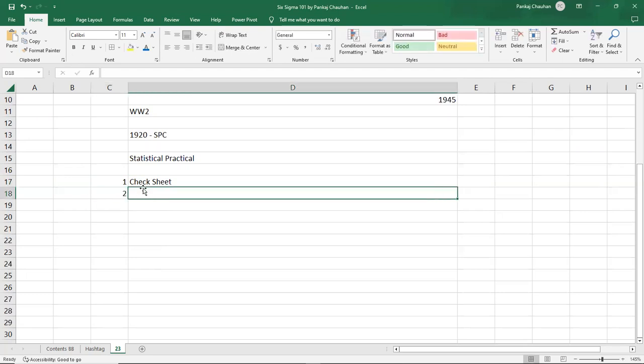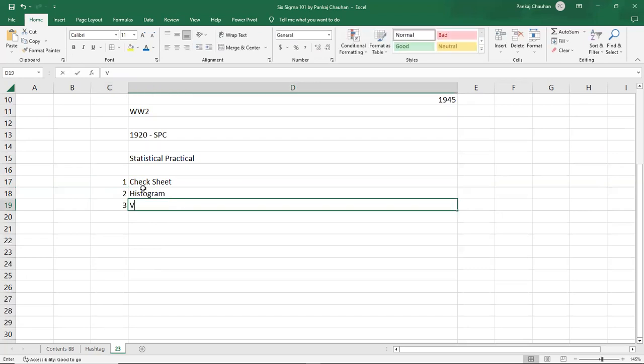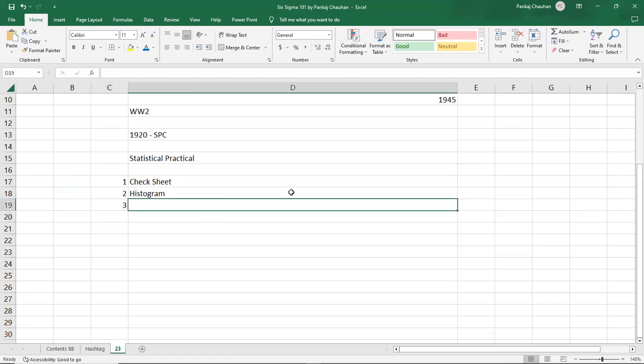Number 2, we go with the histogram. The histogram will help you to see the data historically, how the graph or the picture of the data looks like. So you have the check sheet, histogram. Then number 3 is the Pareto chart, which was developed by Mr. Vilfredo Pareto to prioritize the vital few and trivial many.